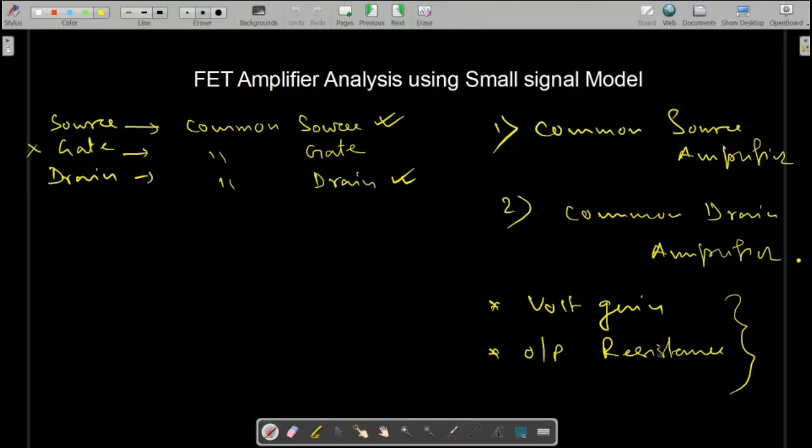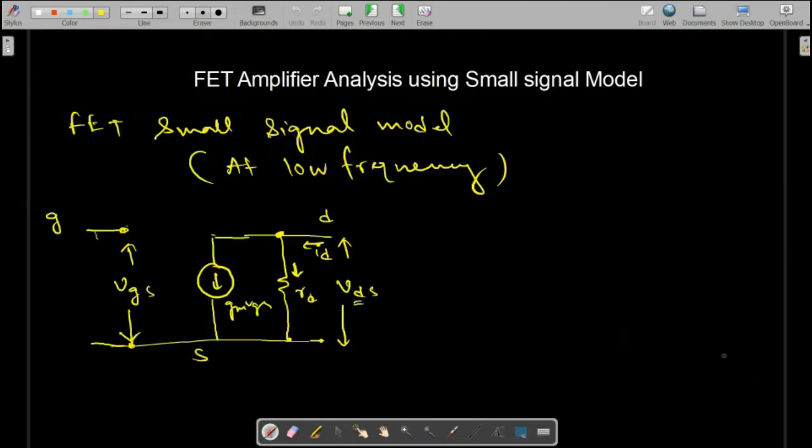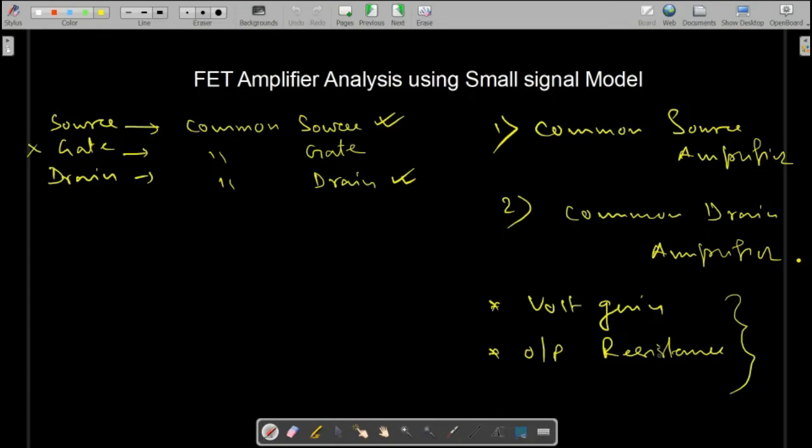Okay, instead of current gain, we are interested to find the voltage gain and the output resistance. And the input resistance calculation is also not required, because by default FET devices have very high input impedance, so no need to calculate it separately. Okay, so we are going for voltage gain calculation and output resistance calculation for the common source amplifier and the common drain amplifier. So let us see how to calculate that.